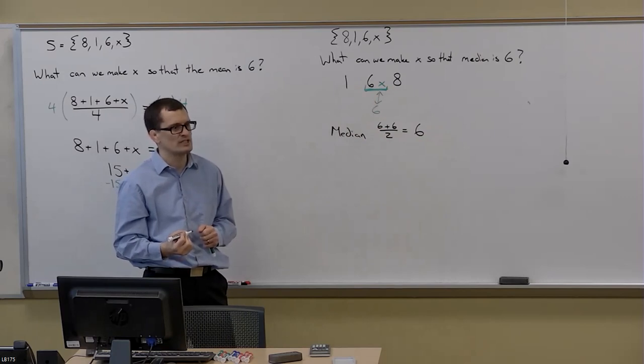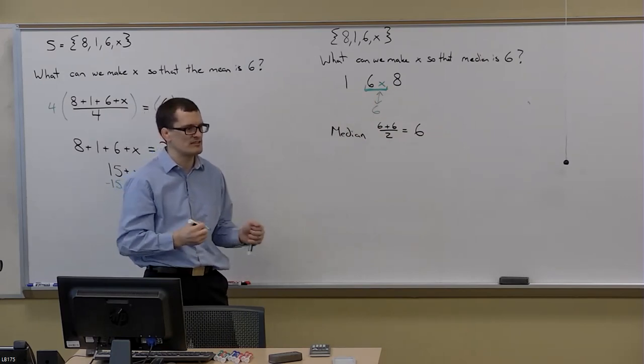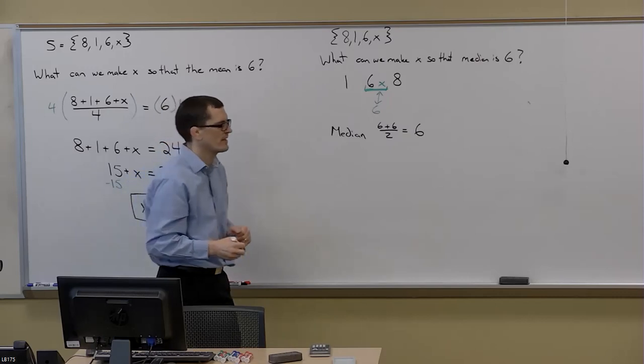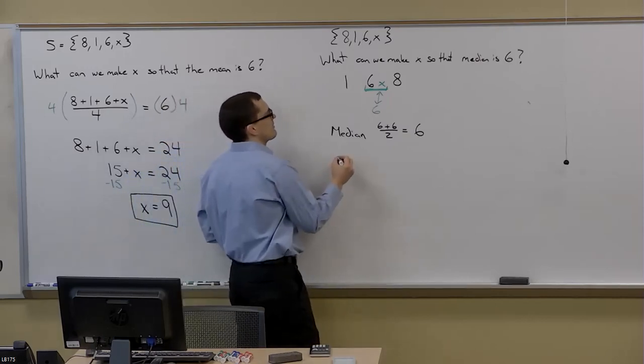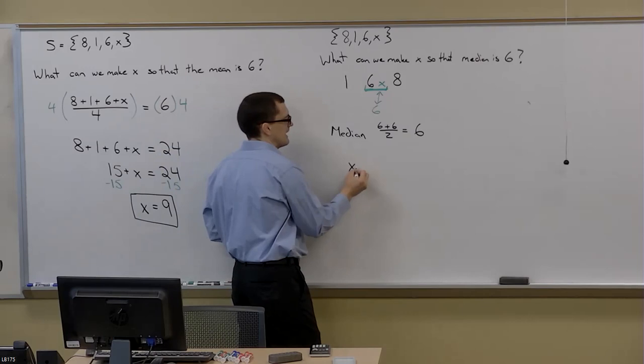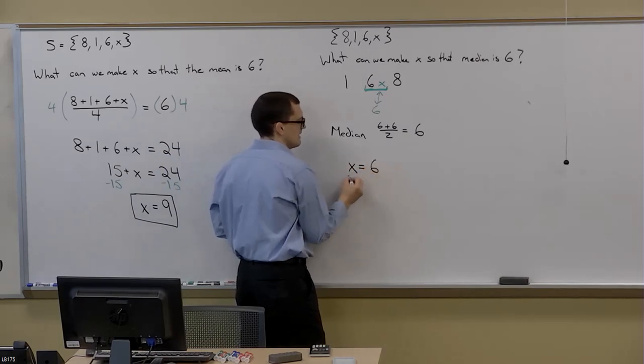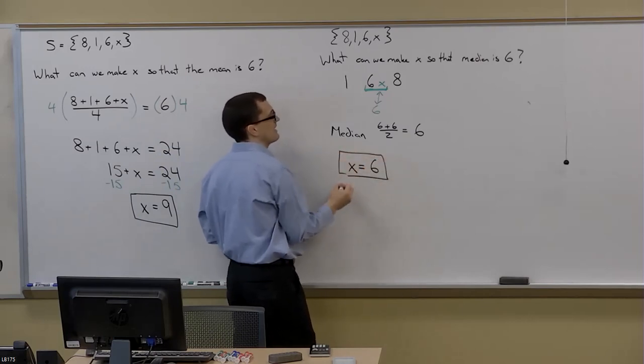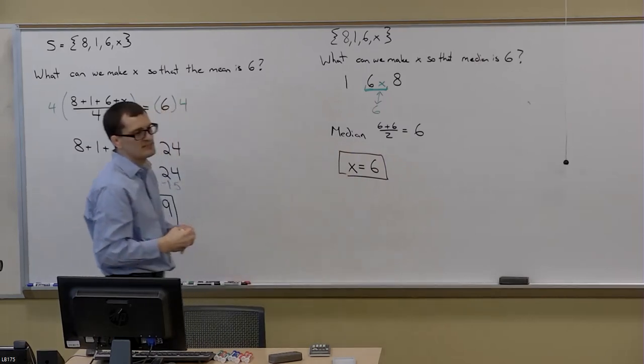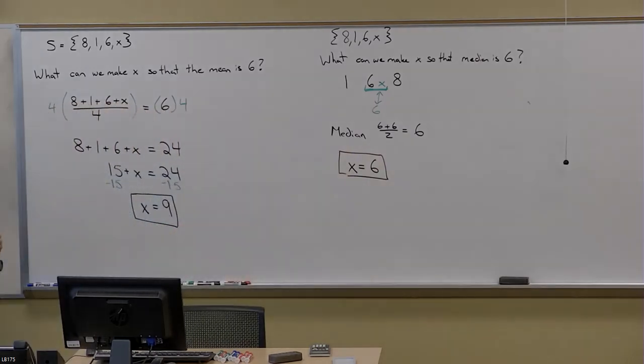In this case, it's really easy to take the average of 6 and 6 and get 6. Therefore, the answer to this is, in order to make the median 6, let x be equal to 6.